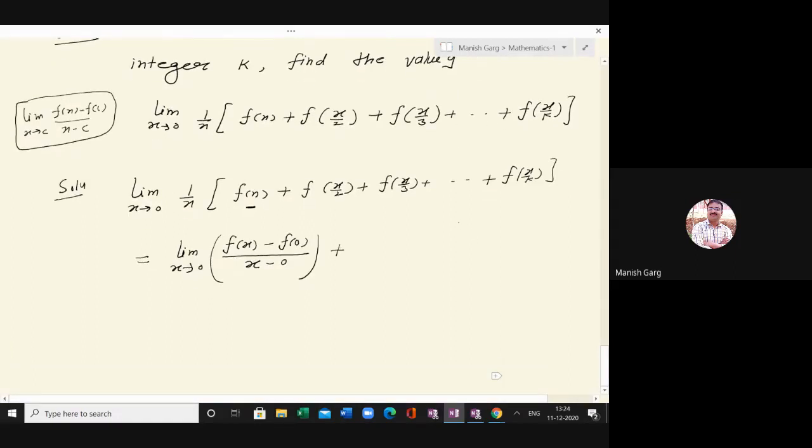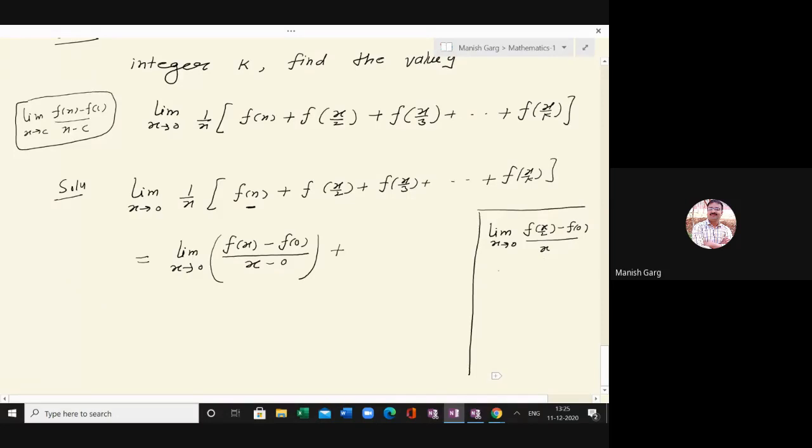Now the second term I am writing here. First I explain how I am writing this. This is limit x tends to 0 of fx by 2 upon x, so can I write minus f0?